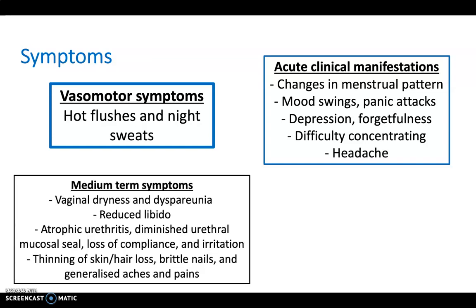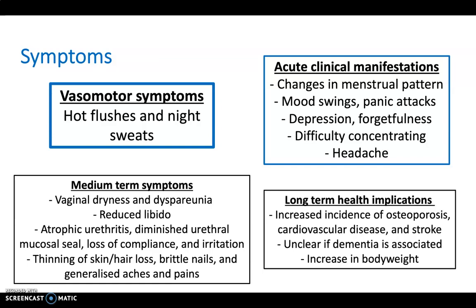There's medium-term symptoms, so things like vaginal dryness or painful sex, reduced libido, thinning of the skin or hair loss, and long-term health implications, so increased incidence of osteoporosis, cardiovascular disease, stroke, and increase in body weight.